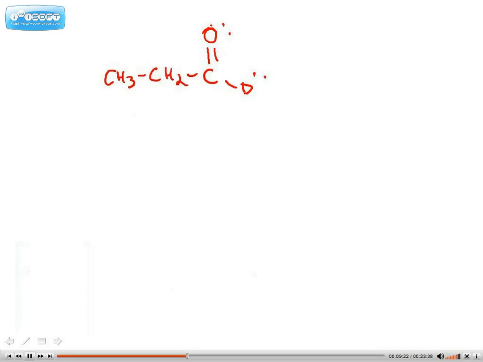You don't have to draw the lone pairs, but I always think it's a good habit. Here we have the carbonyl group right here, and then here we have the alcohol group, and when it's on the same carbon, it's called a carboxyl group.